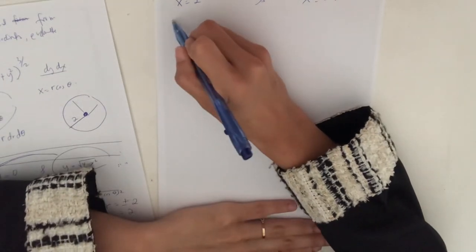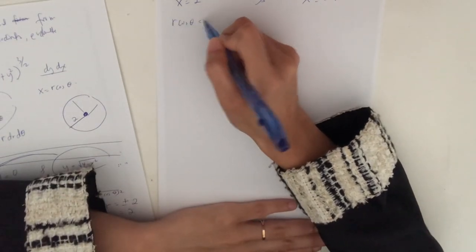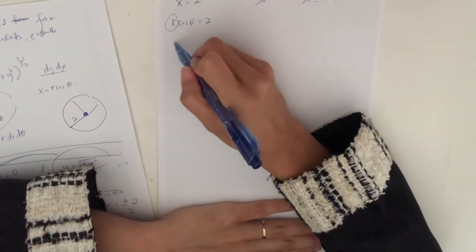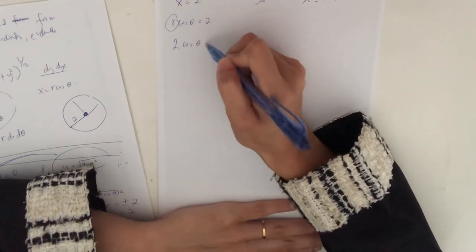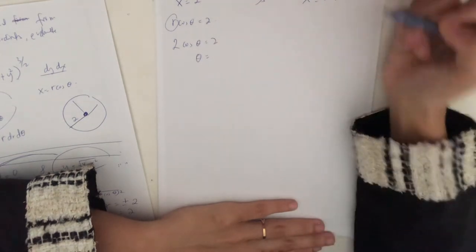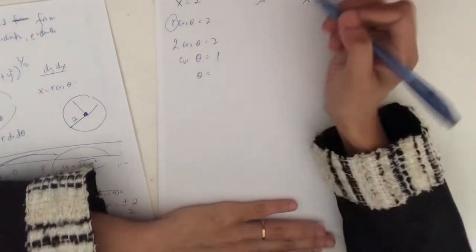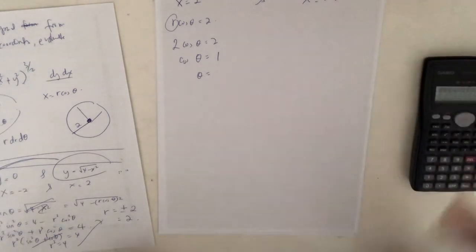So x is equal to r cos theta equal to 2. And r itself we already got just now, which is equal to 2. So now we want to find theta. Cos theta equal to 1. So theta is equal to, you can use your calculator, cos inverse 1. So you have 0.